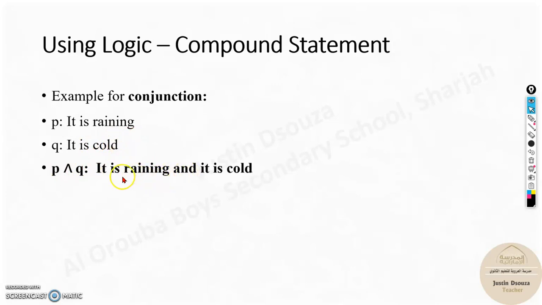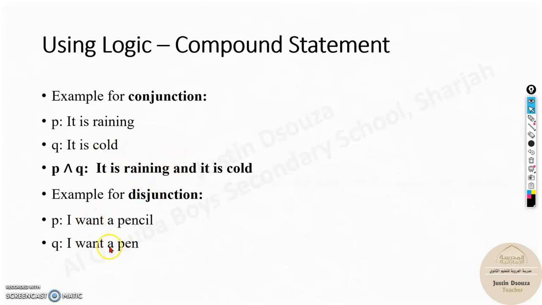Whereas for disjunction, if you want a pencil or a pen, disjunction is using or. I want a pencil or a pen. So this is an example for conjunction and disjunction. In the coming video, we will see more examples using truth values, conjunction and disjunction.